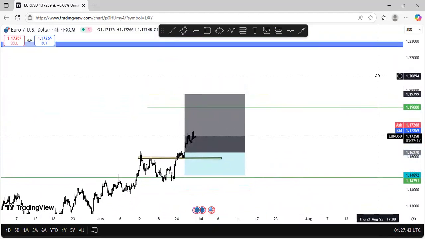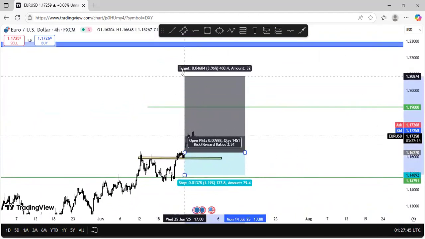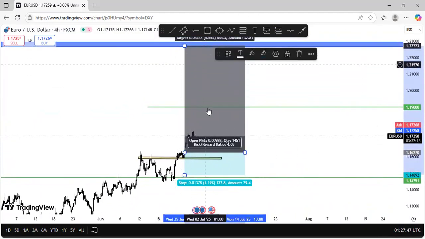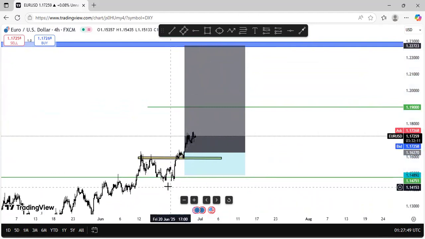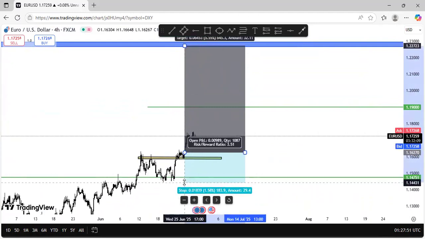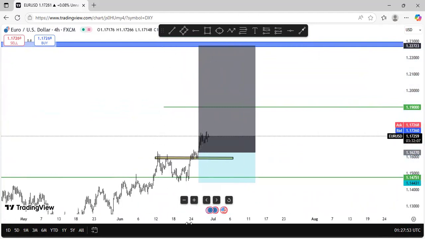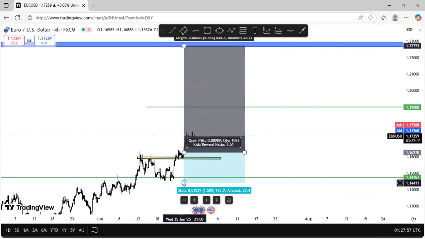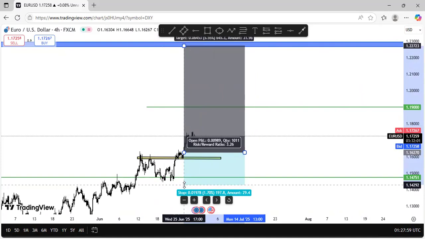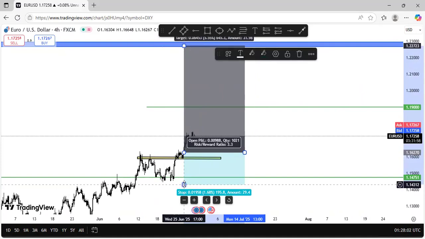So my overall target is to my blue zone up here. That's my overall target, my blue zone up there. My stop loss is quite wide, a little bit. So this is basically 1 to 3 risk to reward.